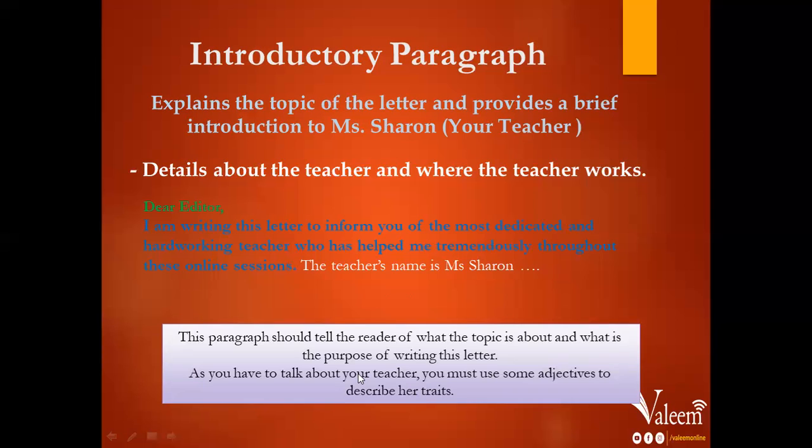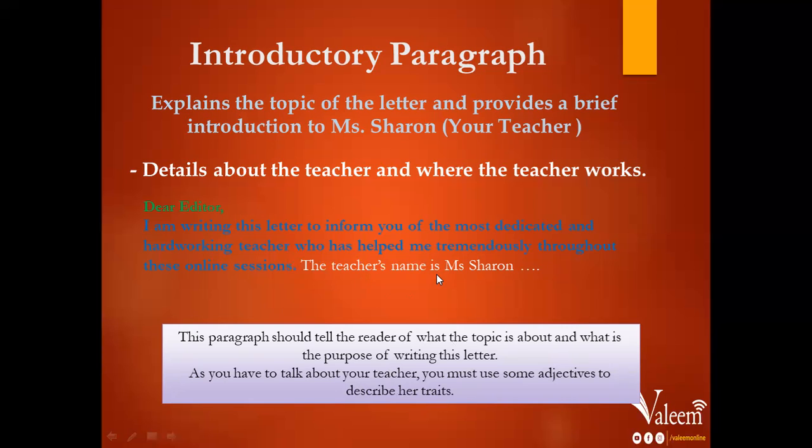This paragraph should tell the reader what the topic is about and the purpose of writing this letter. As you can see in the example, Dear Editor, I'm writing this letter to inform you of the most dedicated and hardworking teacher who has helped me tremendously throughout these online sessions.